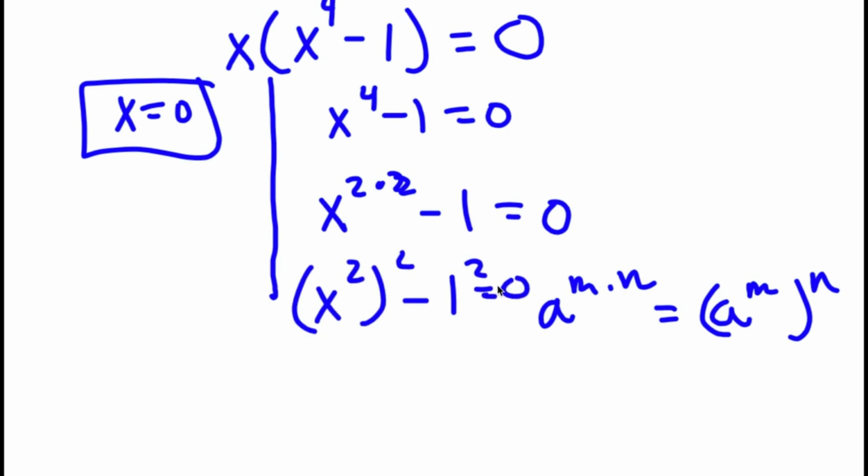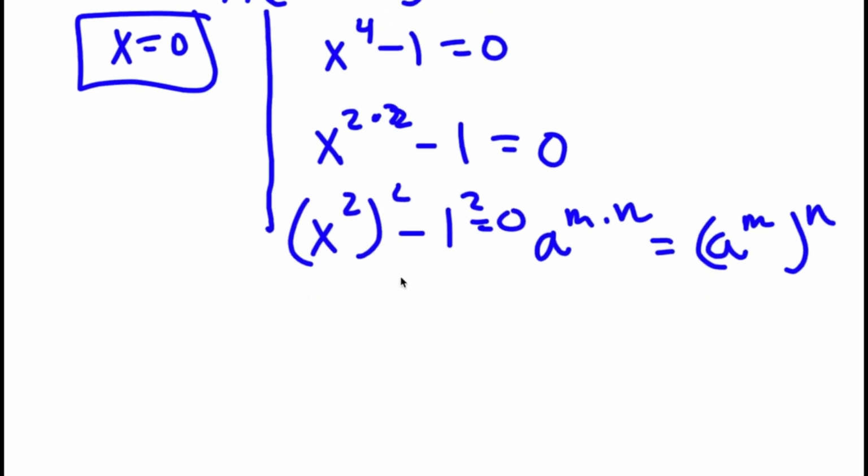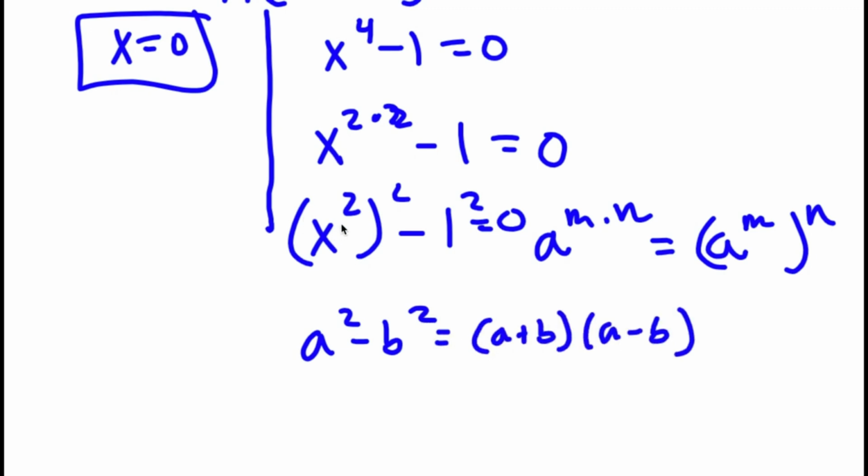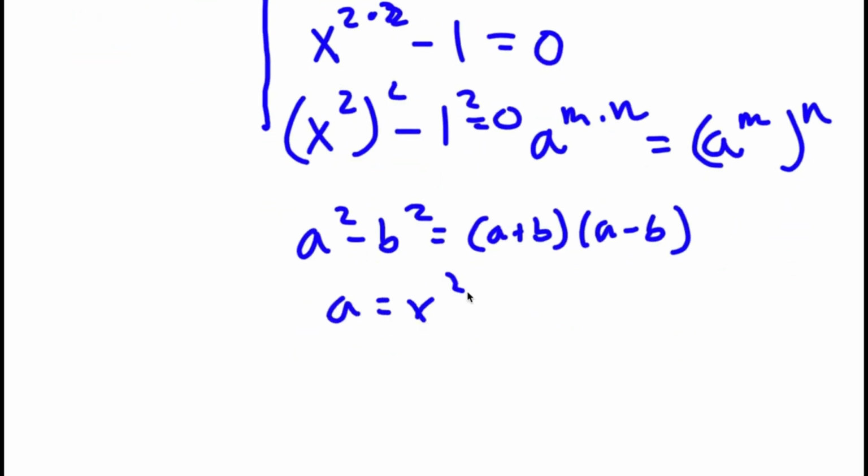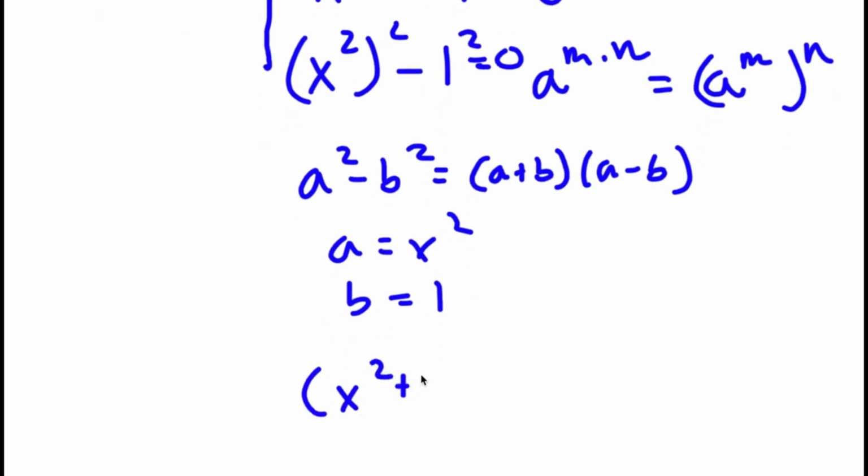So this is equal to 0. Now, if I have something in the form a squared minus b squared, this is equal to a plus b times a minus b. So in this case, if x squared to the power of 2 minus 1 squared, a is equal to x squared and b is equal to 1. So I have x squared plus 1 times x squared minus 1 is equal to 0.